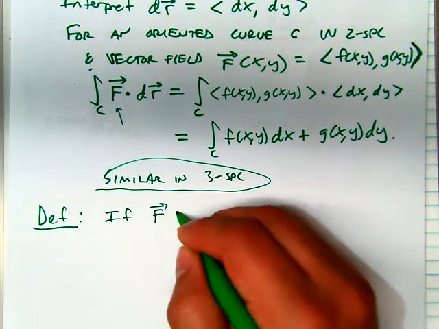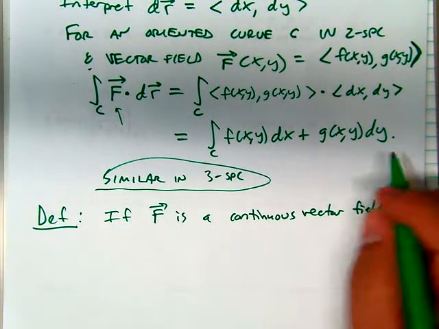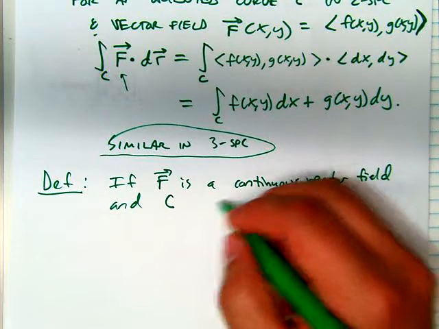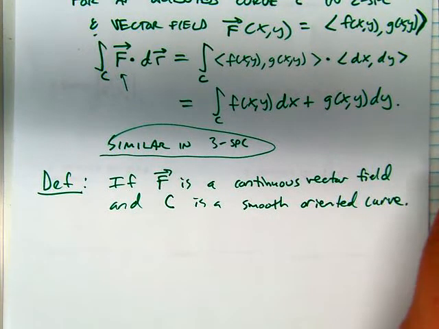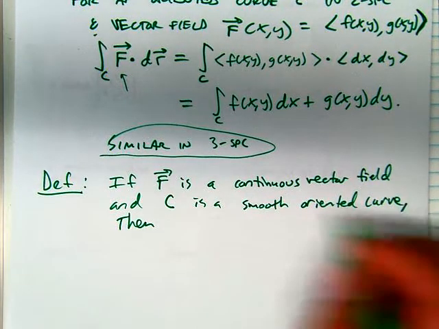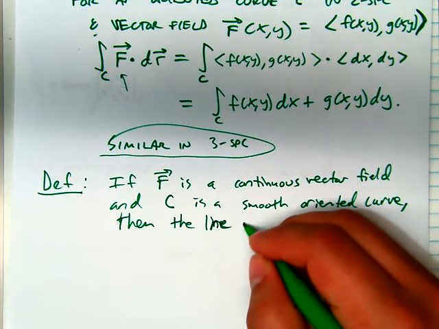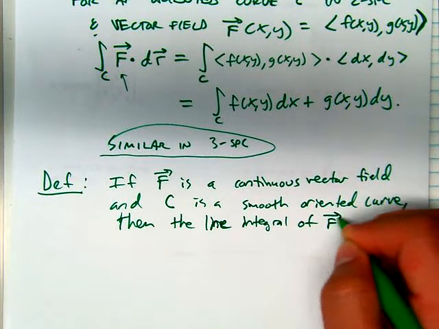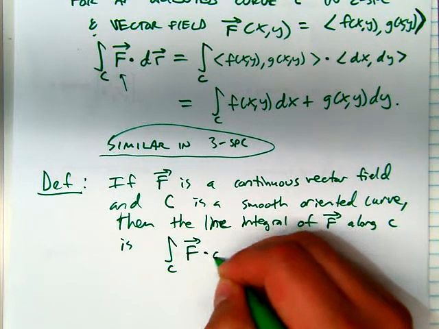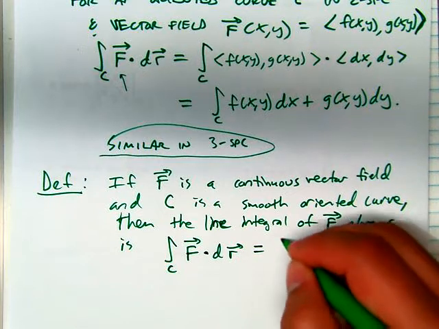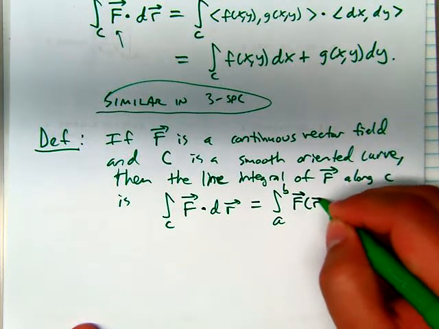Let's say F is a continuous vector field and C is a smooth oriented curve, then the line integral of F along C is the same integral we've been talking about, F dot dr. And what we're going to do is parameterize that path like we've been talking about, and we'll just plug in that parameterization into the vector field.